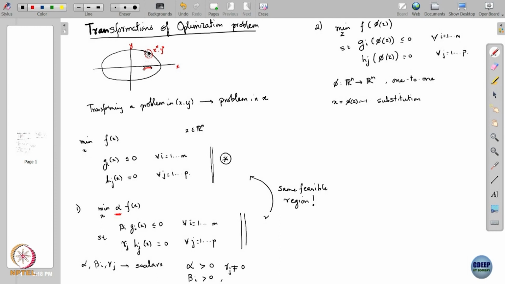Is this clear? So, another way of writing problem 2 is simply that I am doing something like this: f tilde of z subject to g tilde of z less than or equal to 0 and h tilde of z equal to 0.